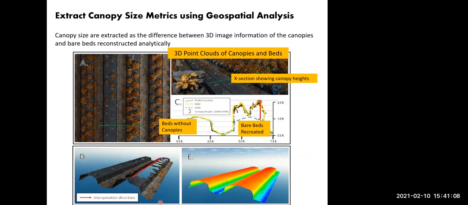So we developed the models to fill in what we are missing. After removing the canopies from the beds, every week we capture the data, fill it out by interpolation, and then subtract the surface of the canopy from the beds as interpolated, and use this information to capture the three-dimensional information of each plant on the bed.